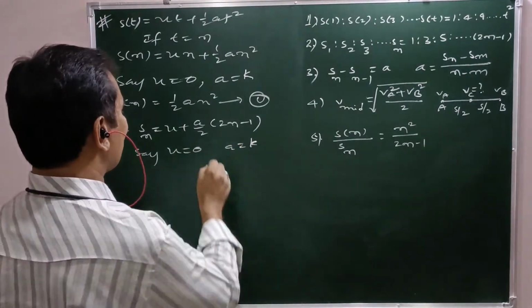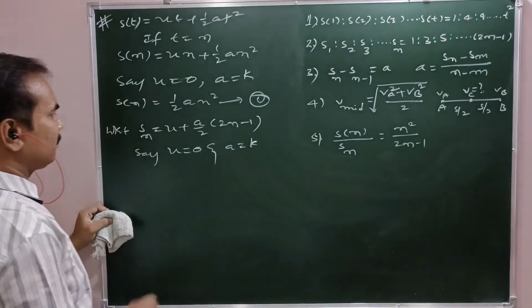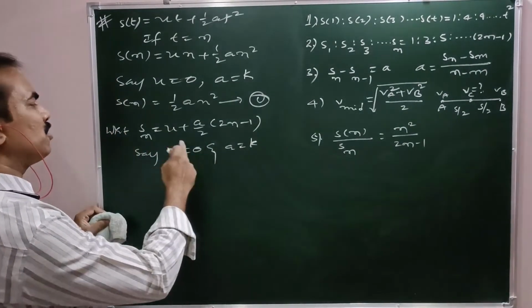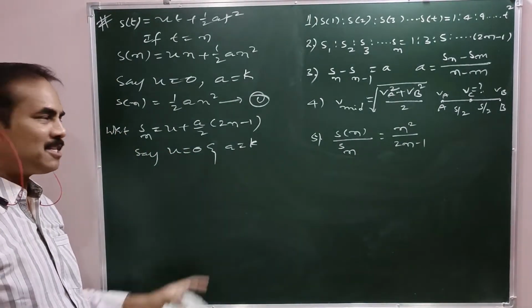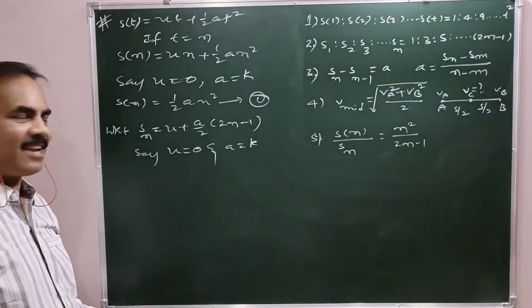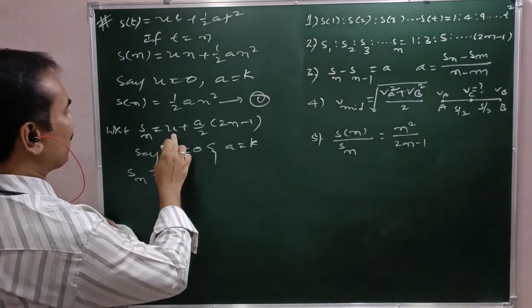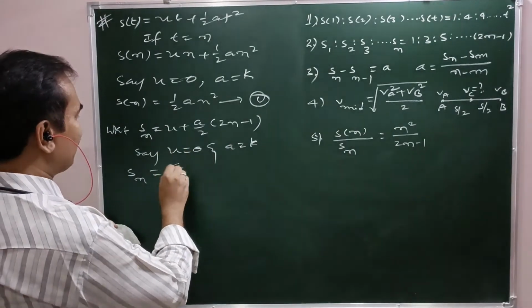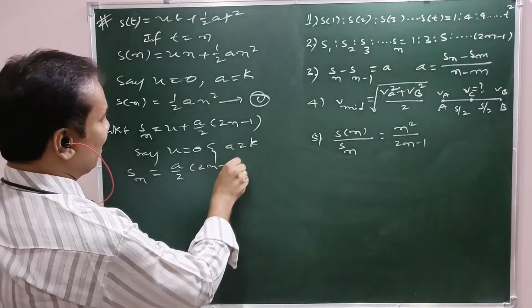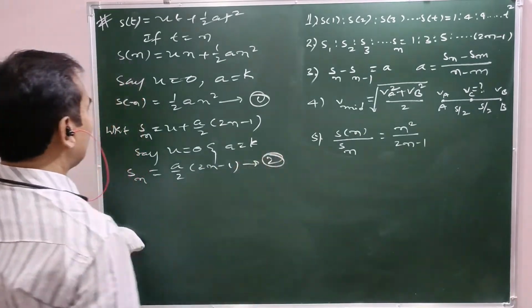U equal 0 means particle starts from rest and moves with constant acceleration. That is s suffix n becomes 0 plus a by 2 into 2n minus 1. Number 2. Right?